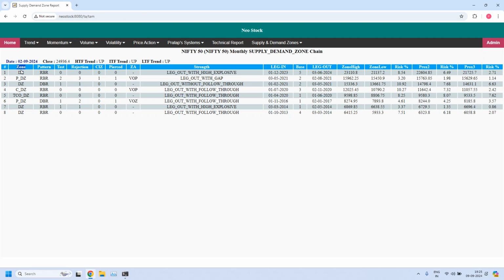Always look into the zone column for finding high liquidity zones, and in the pierced column, always verify whether the zone is pierced or not. The trend can be identified in the LTF for the current time frame, whichever you select, and you can also see ITF and HTF trends. The remaining columns you can understand easily. Please remember the same for the remaining reports.